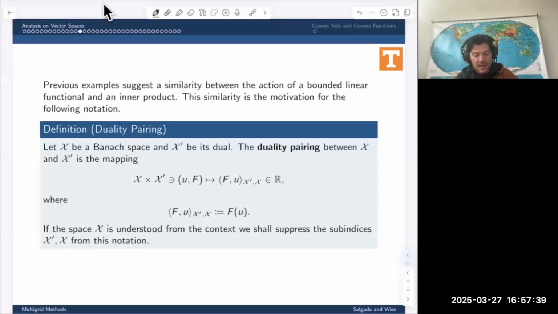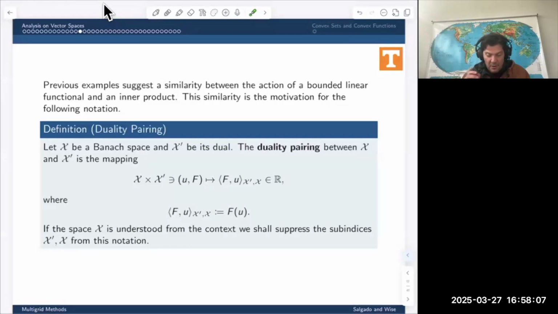So let X be a Banach space, and suppose that X prime is its dual. Then the duality pairing between X and X prime is the following mapping. So dual pairing means I can take anything from X and pair that with anything from X prime, and I get a number out in the end.